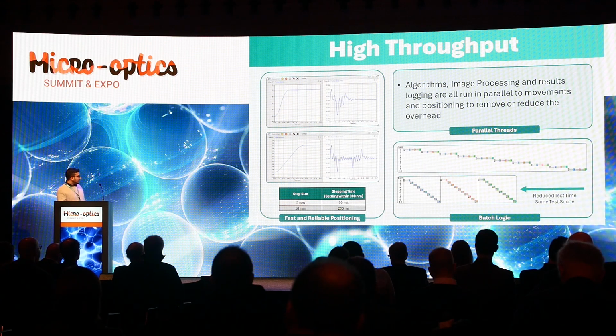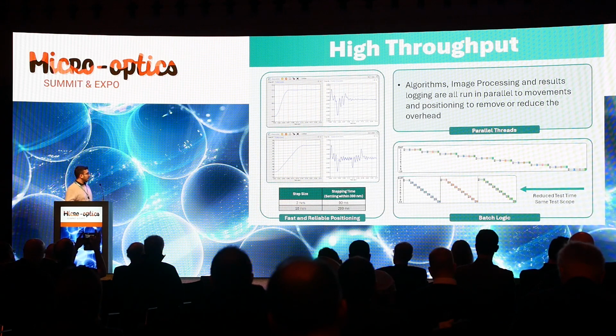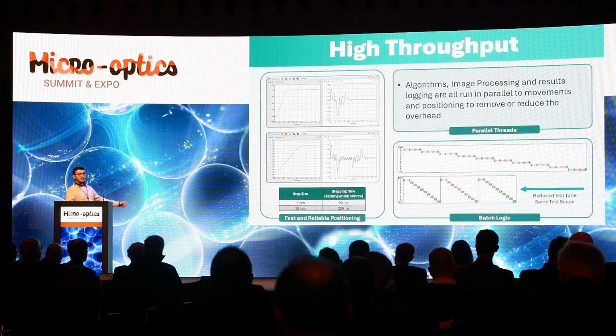In our wafer level system, for example, this is achieved with a fast and reliable positioning system. We have some graphs here with some performances. For example, for a step size of around 2 millimeters, which is a reasonable pitch on a wafer, you have an execution time of just 90 milliseconds with a settling window smaller than 300 nanometers.